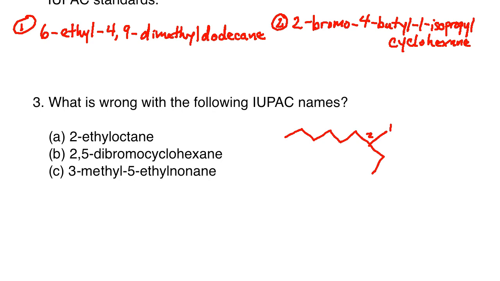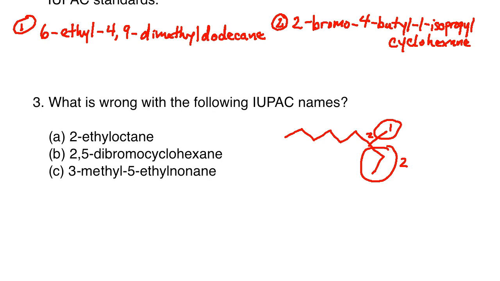Well, the main issue that we run into here is that this 1 should really be the substituent, because this can be a continuation of the chain and it has 2 carbons. So instead of an octane, we should have a nonane, and the methyl should be the substituent, because we always go for the longest carbon chain. You don't pick out a shorter carbon chain and then have a larger substituent. So that is what is incorrect with A.